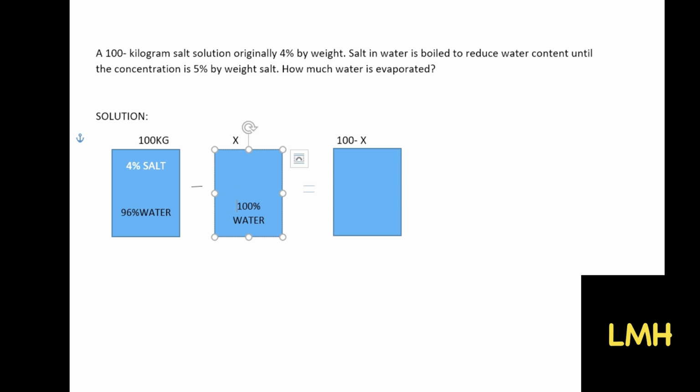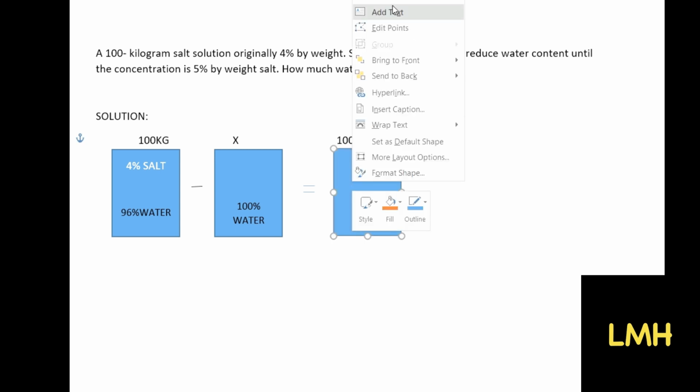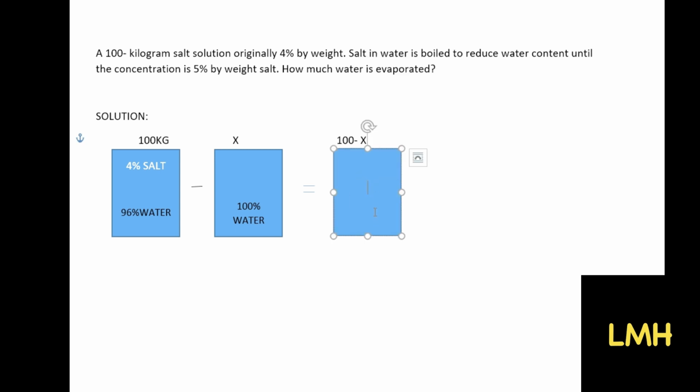The third box states that the concentrated solution is 5% by weight salt. The layer for 5% is white text since it aligns with the layer of salt.